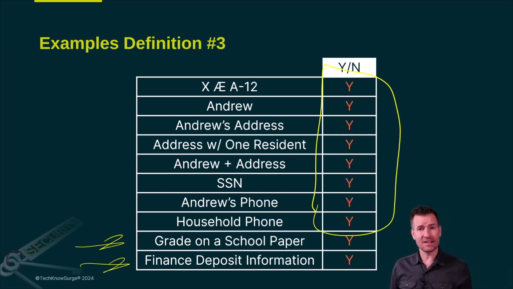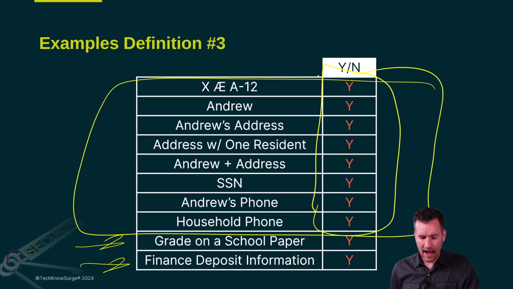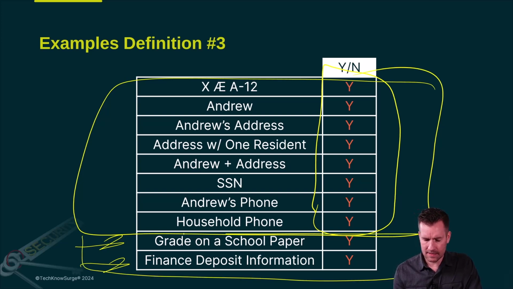Not a big fan of this definition because it doesn't tell me really how to treat my information in a more granular way. When I am dealing with this information that I have here, I will treat PII information in a certain way, and then I may treat some of these other pieces of information in a little different fashion. And this doesn't allow that granularity of control to define how I treat these different pieces of information.